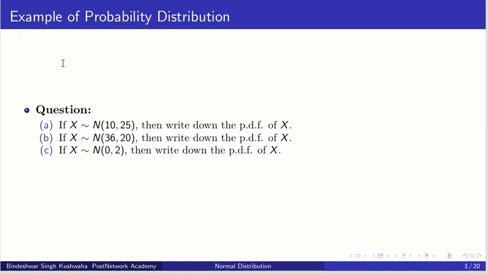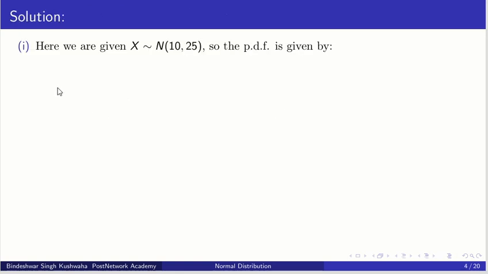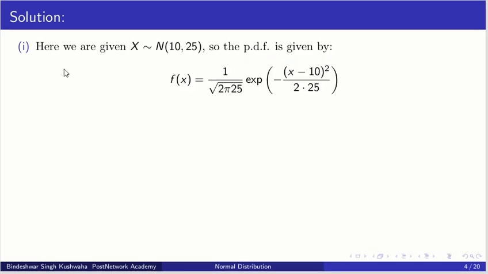So we have three questions. If x is following normal distribution with mean 10 and variance 25, then write down the PDF of x. The other two questions are given in the same way. So let us start. Here we are given x is following normal distribution, so the PDF is given by this formula.